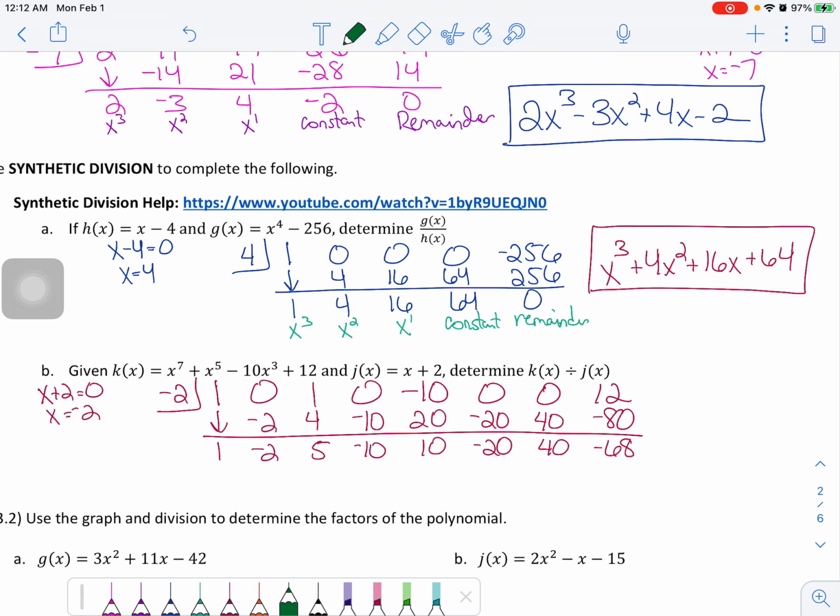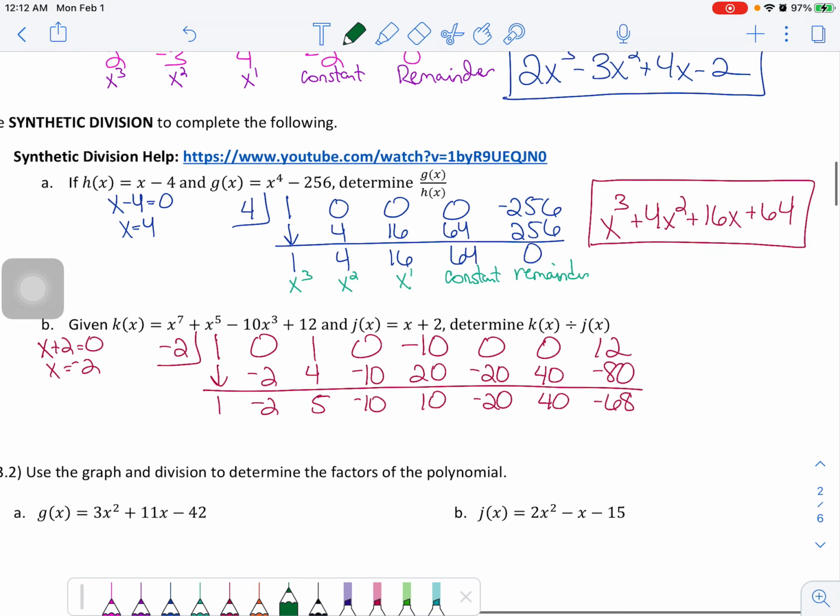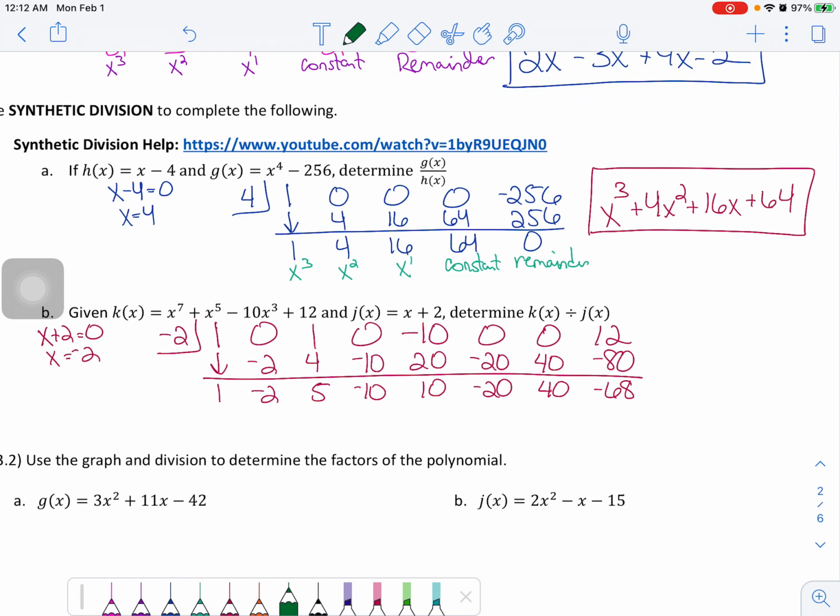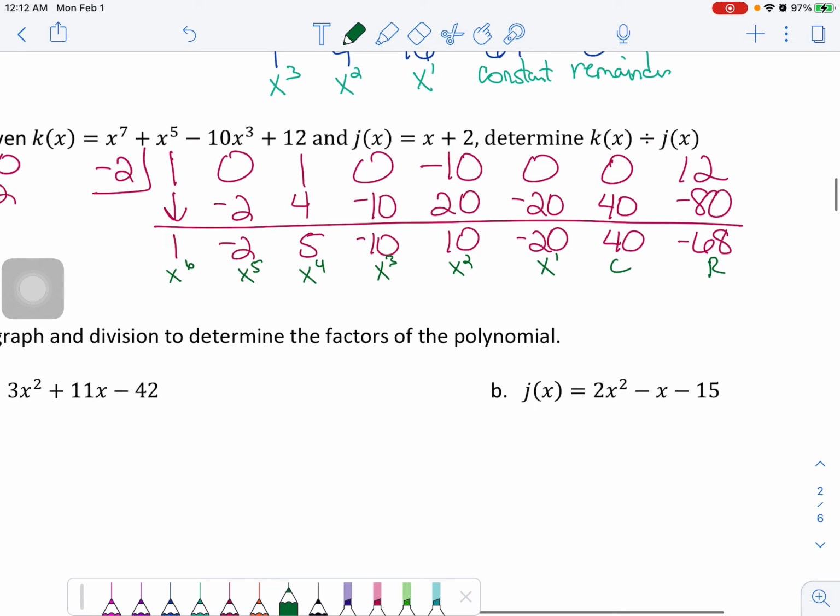All right, let's organize this. So we've got the remainder, the constant. We've got x to the 1st, x squared, x cubed, x to the 4th, x to the 5th, and then x to the 6th. So I'm going to zoom in so I can write right below it.